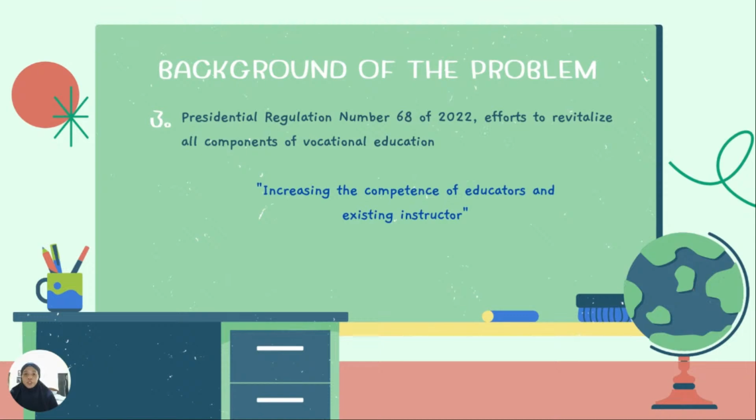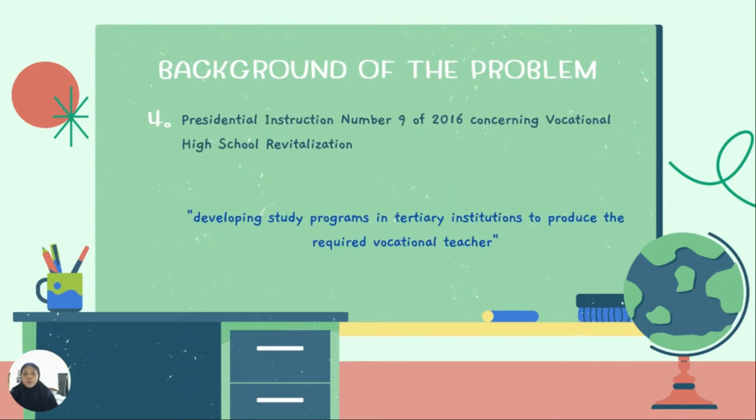the vocational teacher candidates. And then number 4 is Presidential Instruction number 9 of 2016 concerning vocational high school revitalization. Especially in developing study programs in tertiary institutions to produce the required vocational teachers.